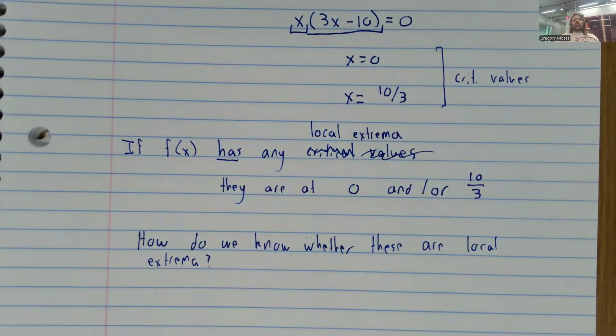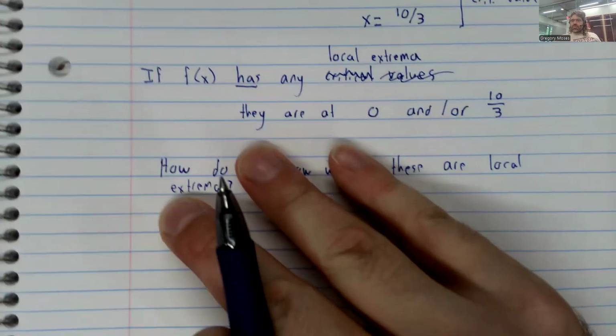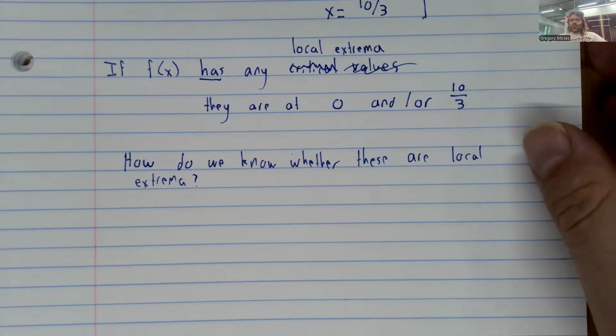And if they are local extrema, what kind of local extrema are they? Are they maxima? Are they minima? Maybe one's a max and one's a min. We want to be able to classify these.